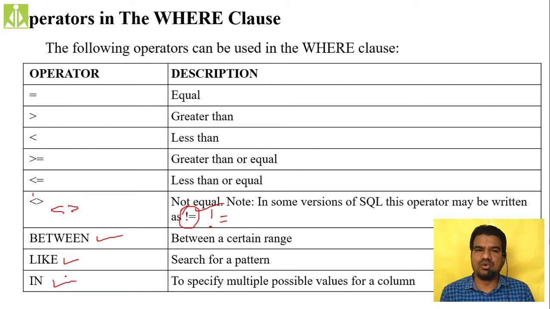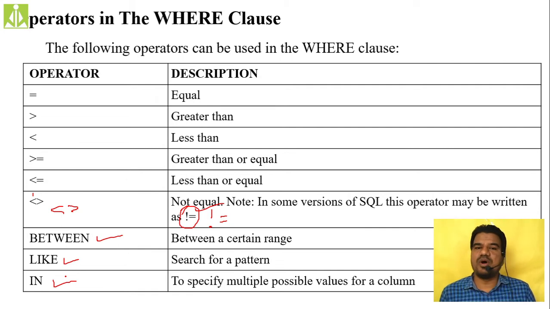Other than that I don't want. Whose age is exactly 32, 42, 52. How can you get that? Using this in operator, we will see. To specify multiple possible values or conditions in our where clause, we use this in operator. So one by one we will practice and see how these operators work.